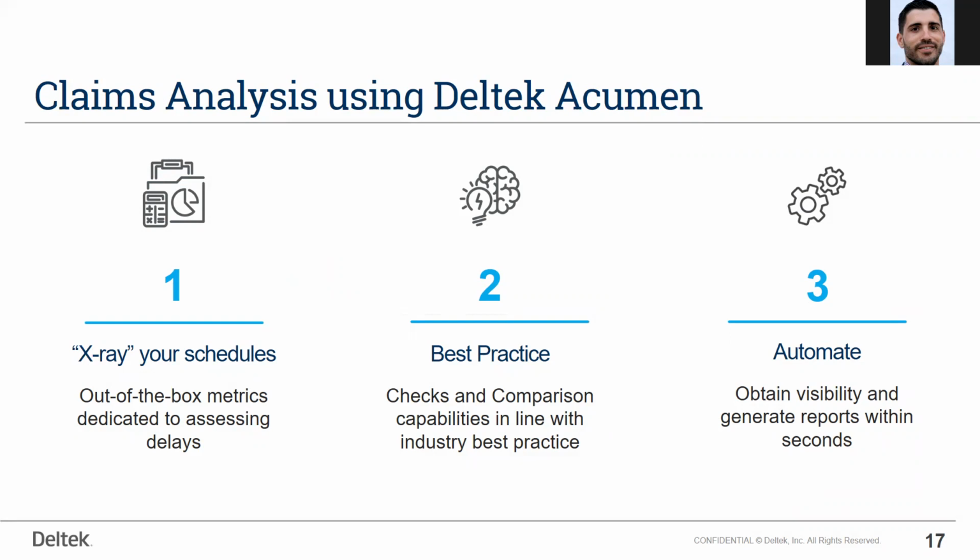The second thing is best practice. What we tried to cover today is in line with industry best practice, so the checks and comparison capabilities of Acumen will help you to comply with industry best practice. And finally, automation. Obtain visibility and generate reports within a few seconds.